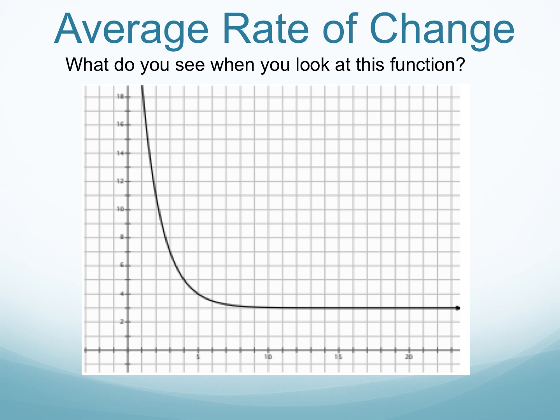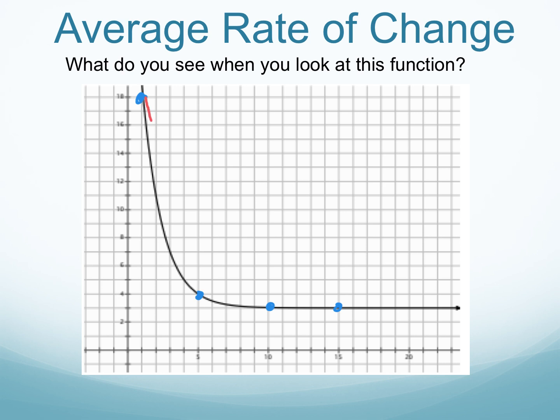So average rate of change, we look at this function, I can tell that if I checked the slope between 1 and 0, or let's say even, I can't even find that. That's a 1, no, that's a 5, sorry. Between 5 and 1, it would be different than if I checked the slope between 10 and 15, or between 5 and 10.